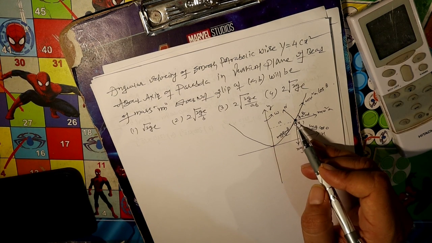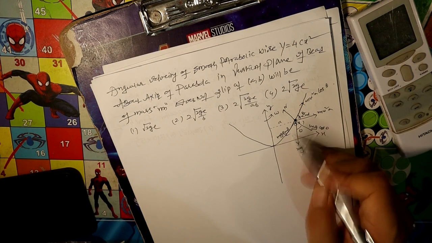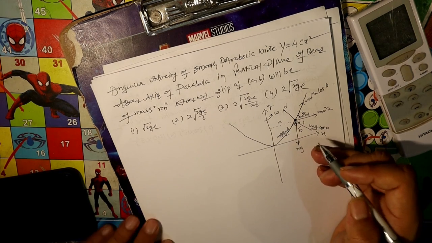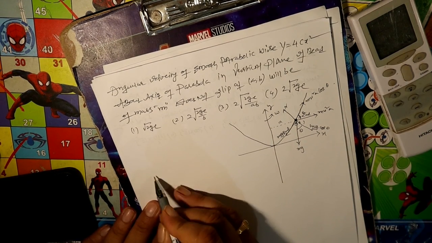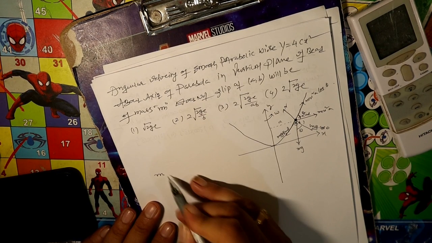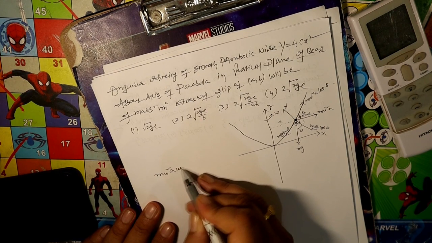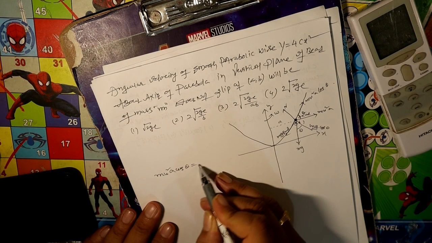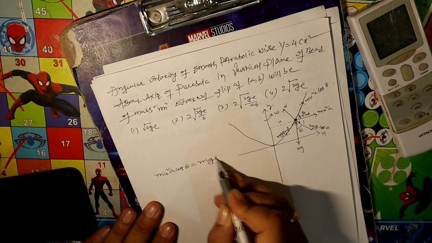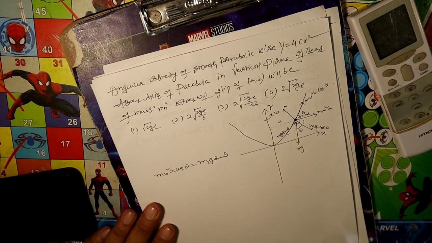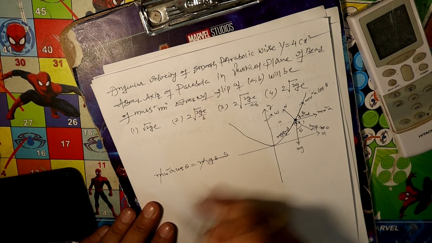So for the bead not to slip, these two forces are balanced. m omega square a cos theta is equal to mg sin theta. Here m gets cancelled.